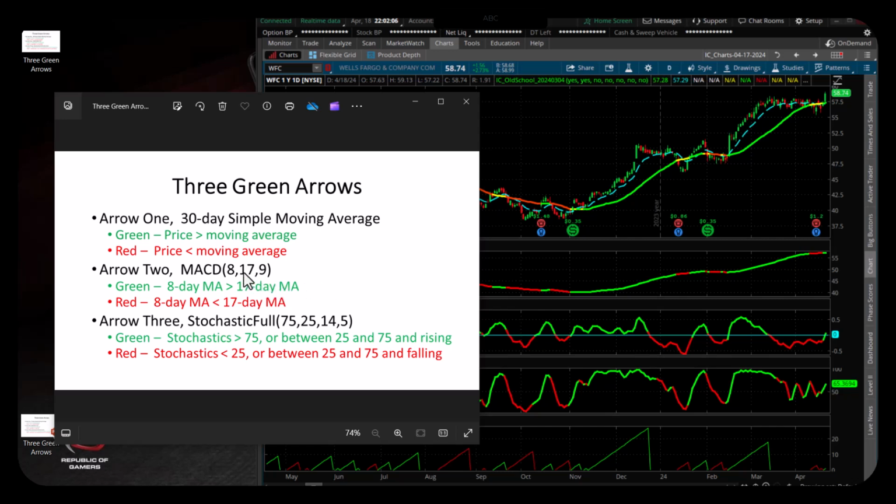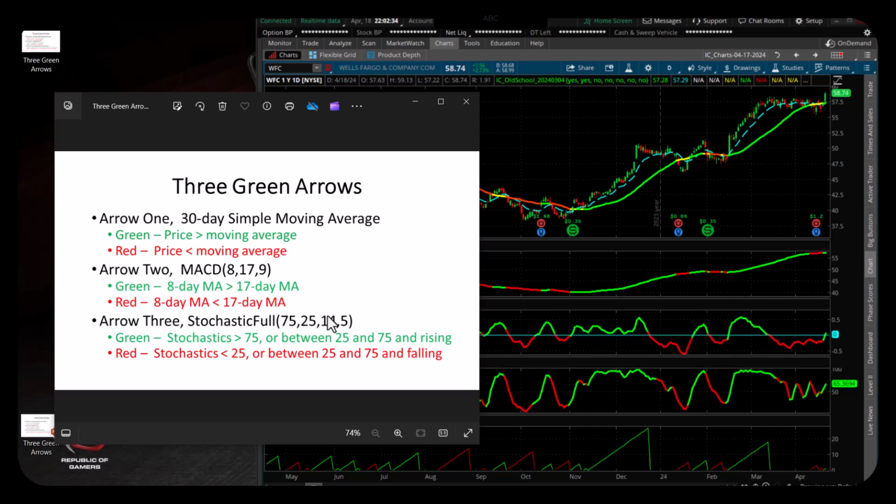If the 8-day is less than the 17-day moving average, then we get a red arrow. So here's the area associated with the 8-17 MACD, and as it sits right now, we've got a green arrow for the last couple of days, it looks like.